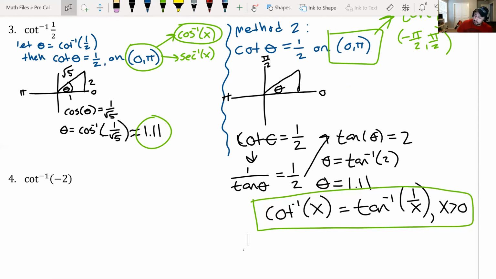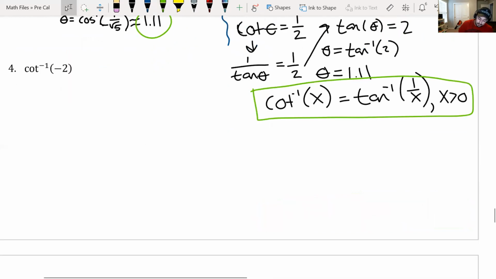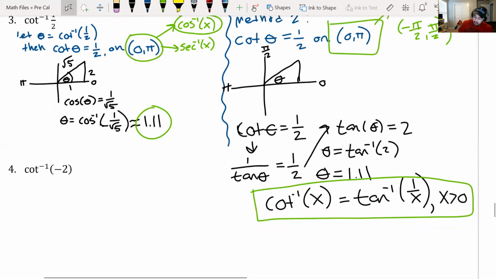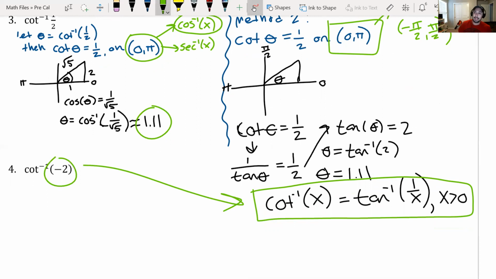All right. Last one. The inverse cotangent of -2. So this property is not going to work, because the inside number is negative. So I have to show you a way around it. Like all the other ones, we handle this the same way.